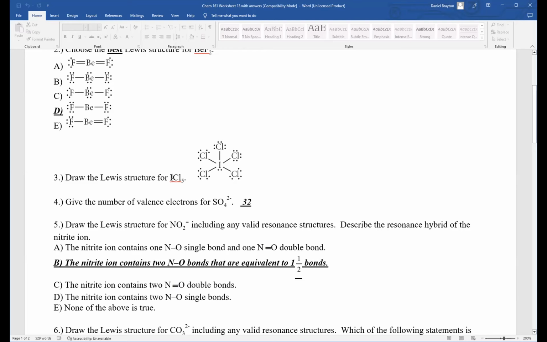So this is the more likely structure. Anyway, there's 6 elements total. They're all in group 7. 6 times 7 is 42. So you make the 5 individual iodine-chlorine bonds, then the rest of the electrons you put in around as lone pairs, and then if you need it, which you do in this case, the iodine gets the last 2.